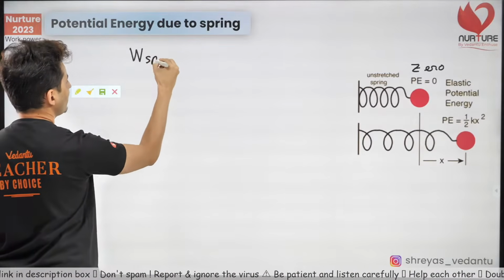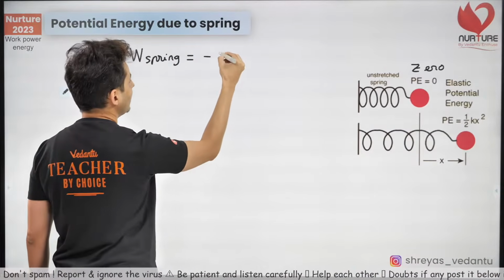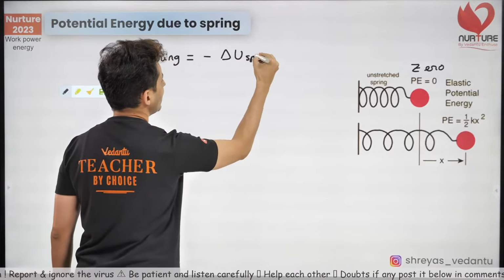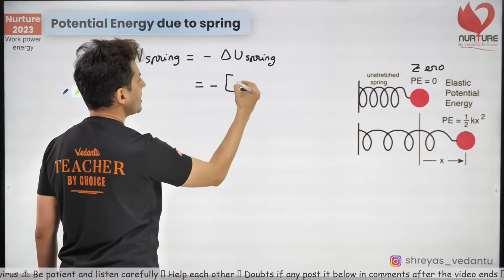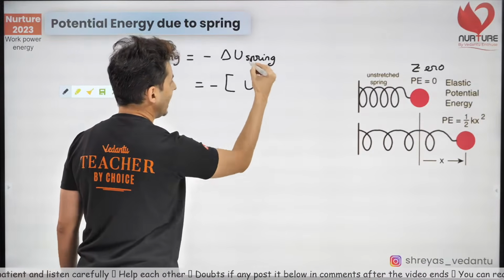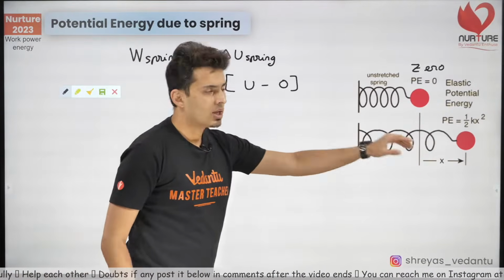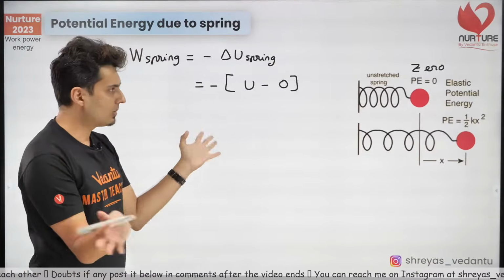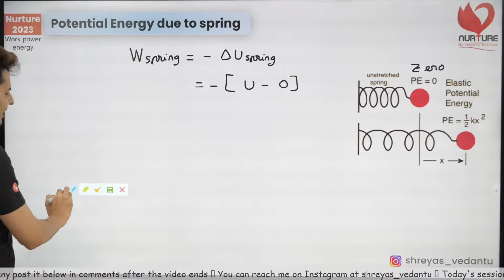Well, the work done by the spring force is equal to the negative change in the spring potential energy. Now what is spring potential energy's change? Final, which is U, minus initial, which is 0. Work done by the spring? Well, I can calculate it very easily.